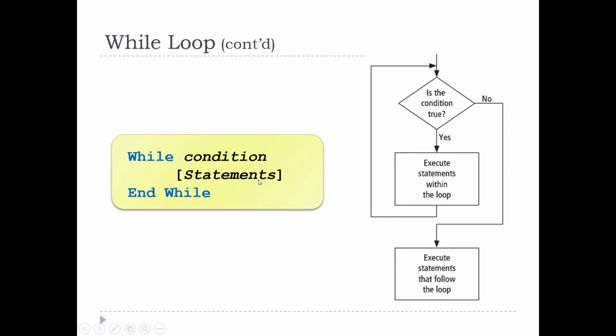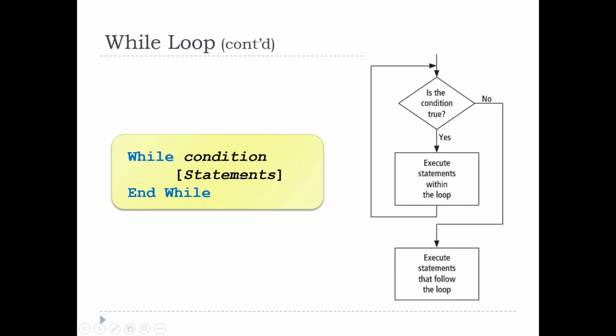And inside here as well, you also want to update the counter so that it will go to the next value, and then when it reaches the end while, it will go back to the beginning of the loop again, and it will repeat the whole process again and again. So that's what we mean when I say we test the condition at the top. This is the top of the loop, this is the body, and this is the bottom of the loop.